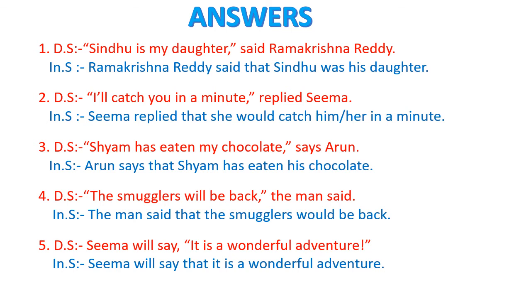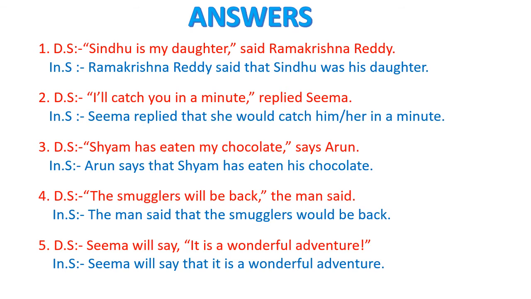Obviously, Seema. That's why when somebody is reporting her words, they should refer to her as "she". So the sentence is, Seema replied that she would catch him or her in a minute.